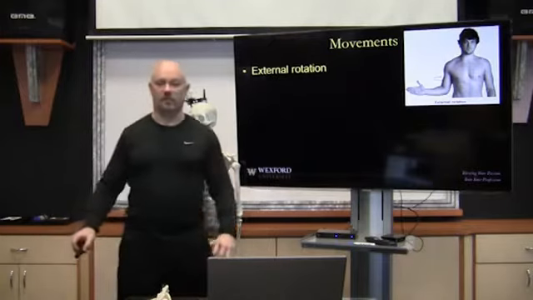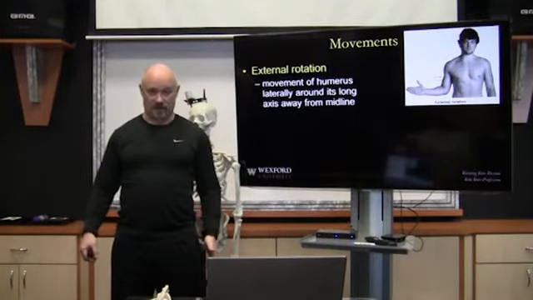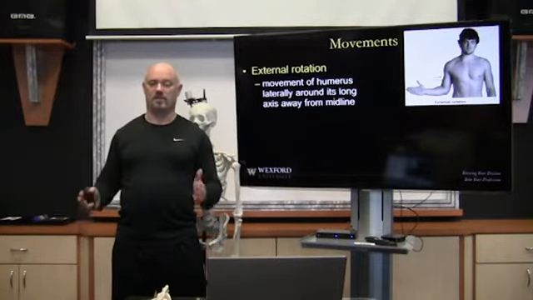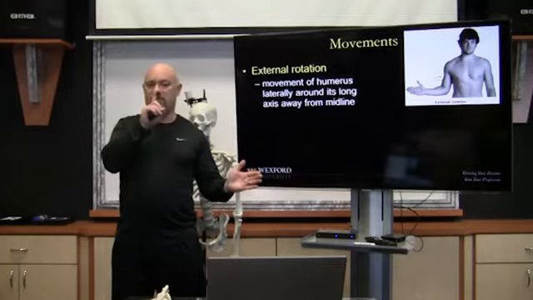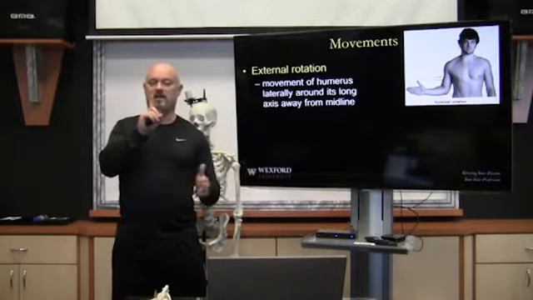External rotation: if we're in the standard anatomical position, the fundamental position, we raise our arms up, flex at the elbows, and externally rotate the arms. This is through the transverse plane, around a vertical axis, externally rotating, internally rotating.